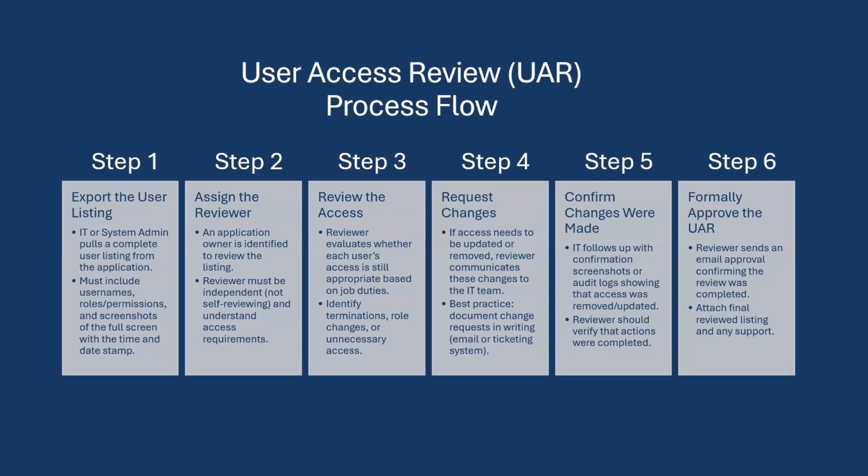And then step six, and this is one where we like to see more of, is the formal approval of the UAR. Typically, you package it all up, and then you do a final sign off. The most common final sign off is an email. It's an email to the controller or someone above them, or even to themselves, and they just have an email chain because it's time stamped, goes through an Exchange server, and can be validated for changes, so it's good.